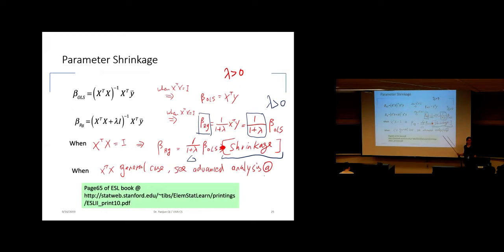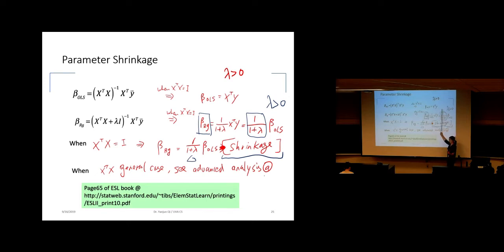So what is the effect of this regularization? I have some proofs here, which are very easy. Let's assume x transpose x equals I. Then the ordinary least square solution becomes x transpose y.